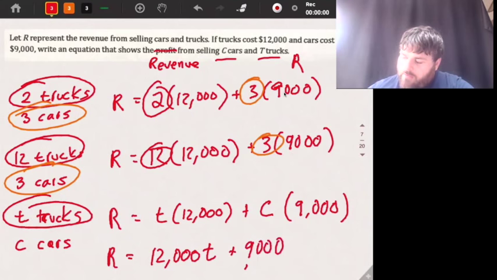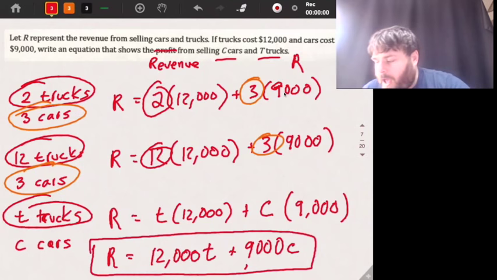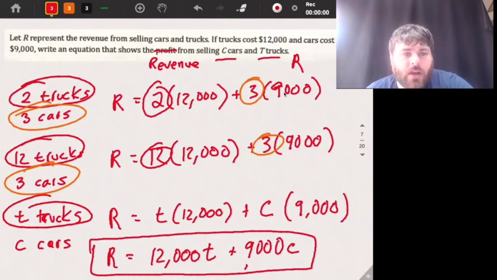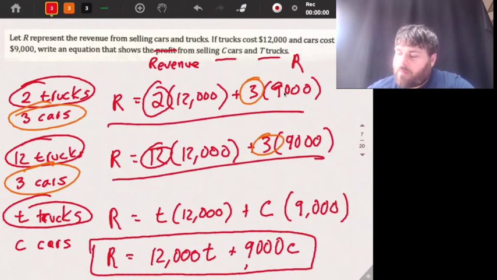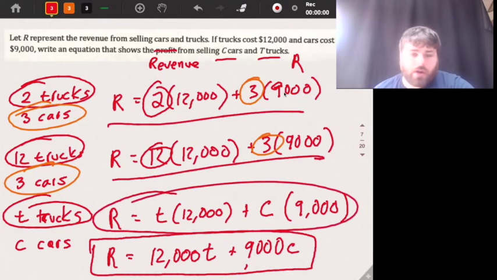And then you're going to have your equation that describes the revenue for buying T trucks and C cars. So just remember that strategy. Try it once, maybe twice if you're really not seeing how the structure works. See how the structure works with numbers. It should be the same structure when you go ahead and use variables instead.